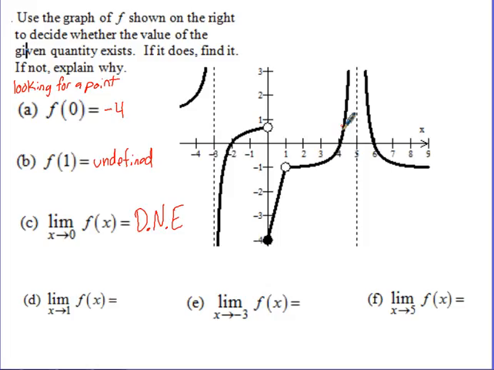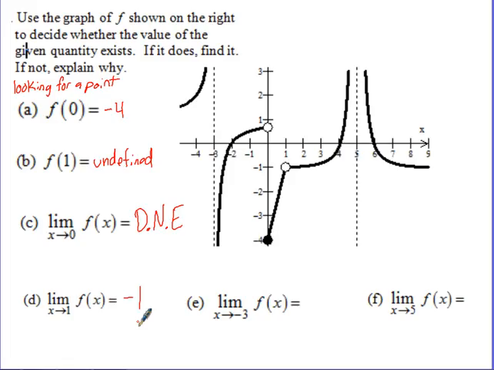So does the limit exist? Yes. What is the value of that limit? -1. Here's where a lot of students get confused, because technically there's no point there. But remember, the definition of a limit is what is it approaching? What is it trending to? Just because there is no actual point there doesn't mean that I can't be approaching that limit value. Does that make sense?